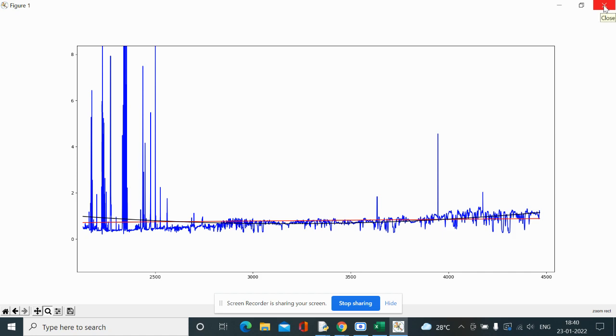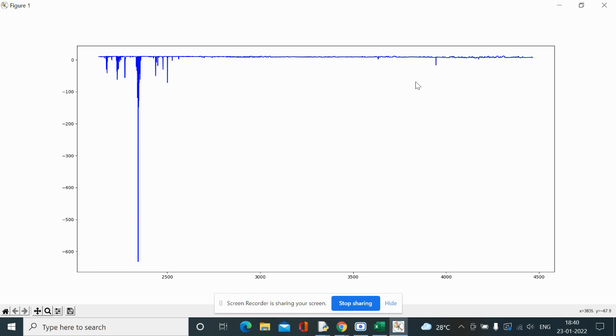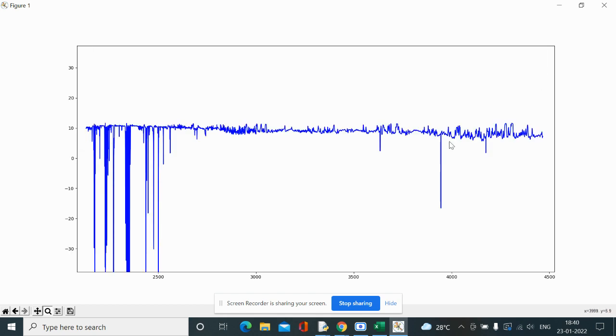Let me come out of that. And now I have the pore pressure calculated based on resistivity. But as I said earlier, you can see the negative spike here in the pore pressure. This is the pore pressure plot, with pore pressure on the y-axis and depth on the x-axis. If I zoom in here, you can see how it behaves.